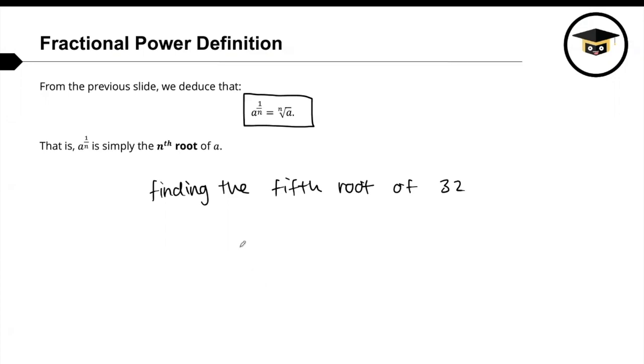And the answer to that question in this case is 2. Because 2 times 2 times 2 times 2 times 2, that's 5 times 2, is going to give me 32. And so the nth root is basically, you have a number, multiply by itself over and over again n times to get the thing inside the root.